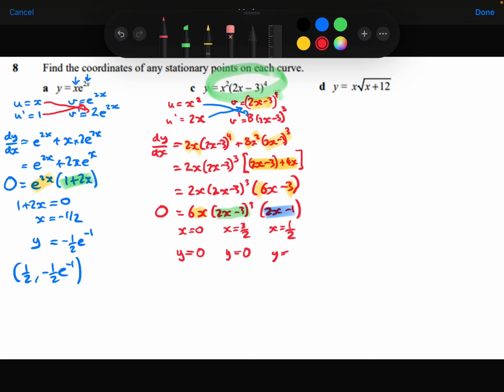And then substituting the 1/2 into that, I get 4. So my coordinates of the stationary points here are (0, 0), (3/2, 0), and (1/2, 4).